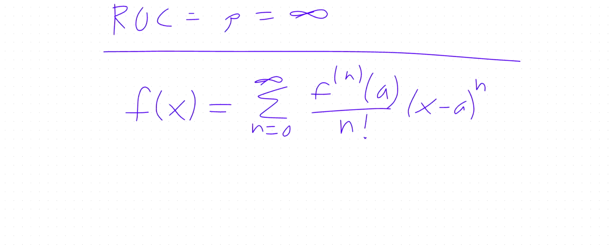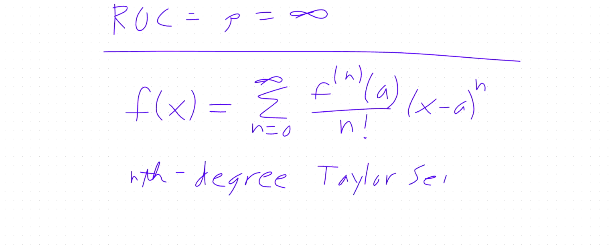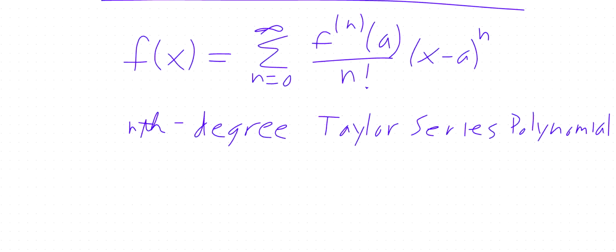So we're going to find what's called the nth degree Taylor polynomial of f at a, or centered about a, or about a, however you want to think of it.